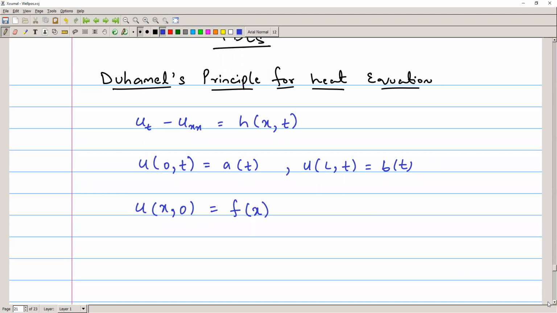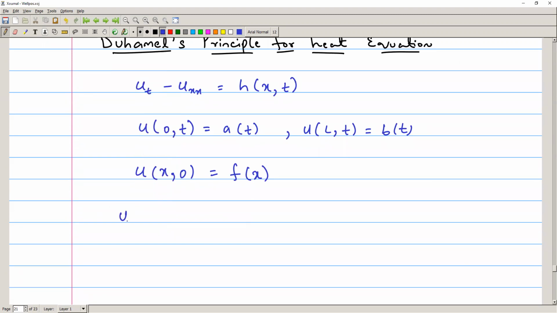So now we know that the solution is given by u(x,t) equals w(x,t) plus v(x,t).